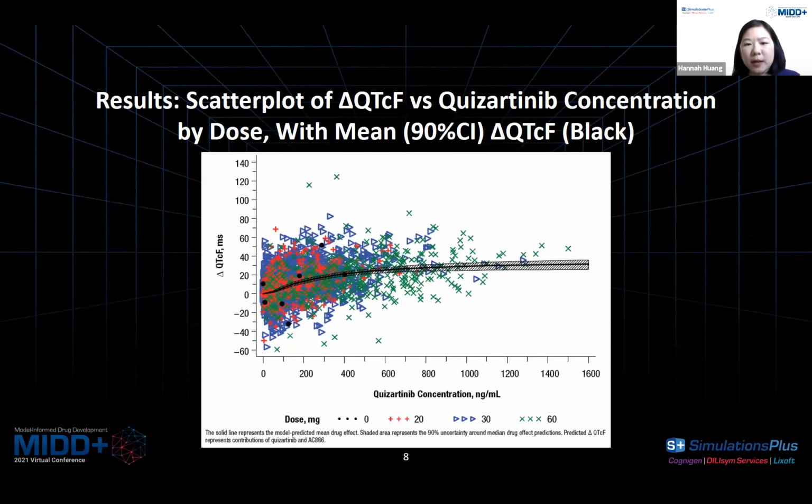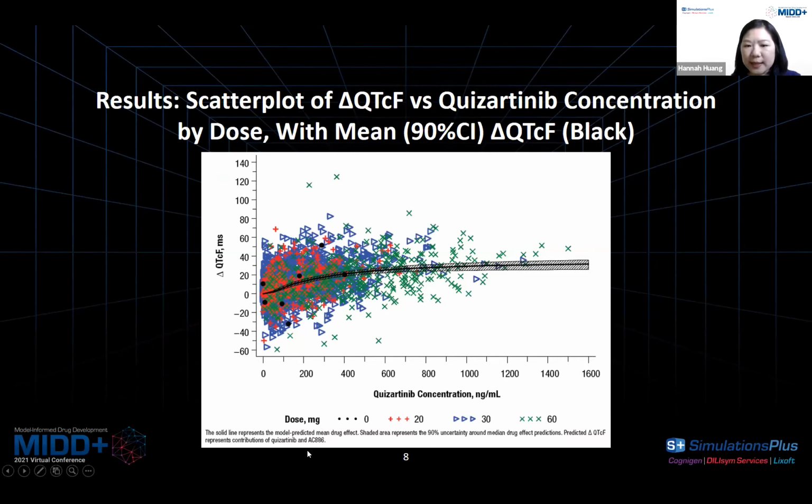This is a plot of the observed delta QTcF plotted against quizartinib concentration. Different colors denote different doses of quizartinib. As you can see, delta QTcF data had a large variability. However, as the concentration increases, there's an increasing trend of delta QTcF.